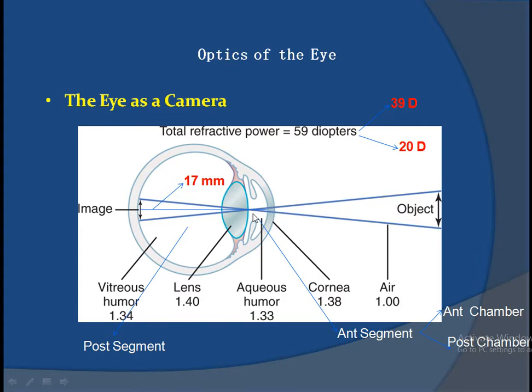Then we have this chamber which is filled with the fluid called the aqueous humor. So now light rays are coming and crossing this media. Then they strike the anterior surface of the lens, the structure of the lens, the posterior surface of the lens, and this cavity which is filled with the vitreous humor.